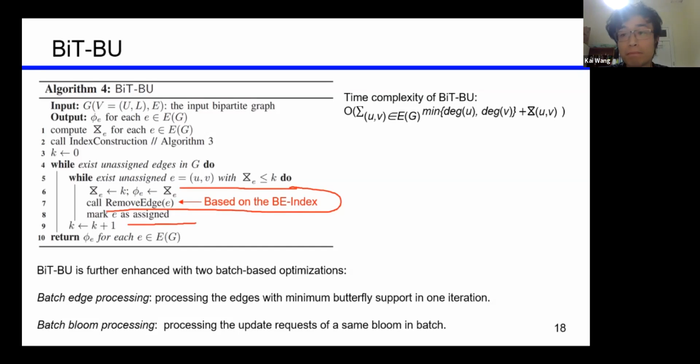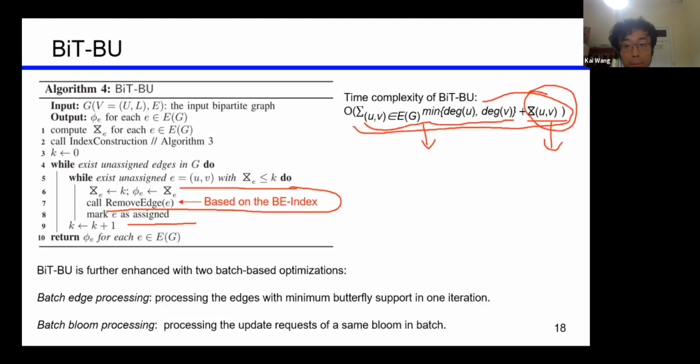So the time complexity of BITPU is just here is the counting process and here is the peeling process. And thus we have significantly reduced the time complexity of the peeling process.